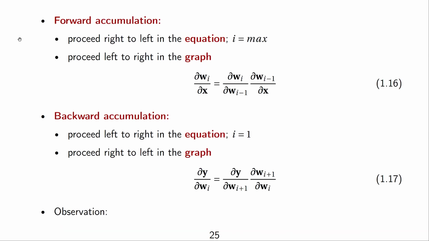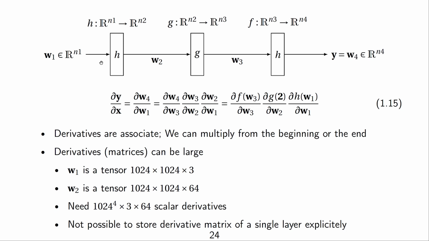Okay, let's look at this forward accumulation and backward accumulation strategy. In forward accumulation, we proceed left to right in the graph. So we have this computational graph, and we would first look at the derivative here, and then we would accumulate by going in the direction of the output.